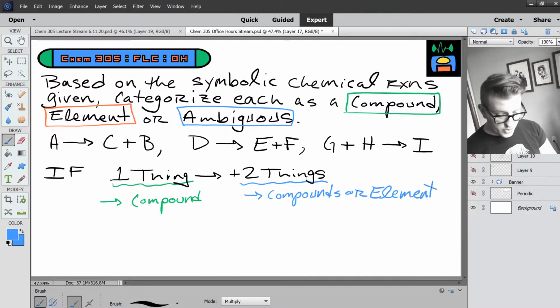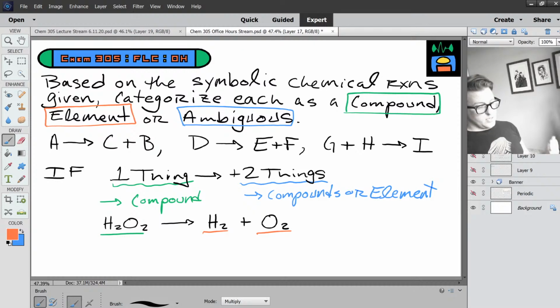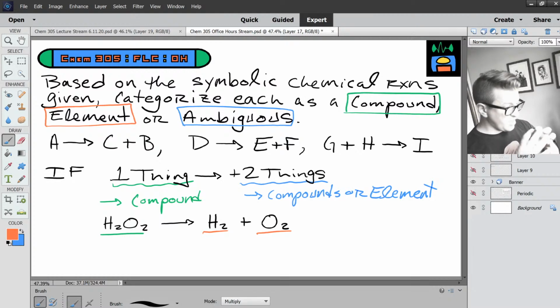All right, and here's how. So, for example, you could have a reaction where hydrogen peroxide decomposes, so this is a compound, into hydrogen gas plus oxygen gas. Both of these are elements. So, if you have something breaking down into two things, in this case, the one compound breaks down into two elements.